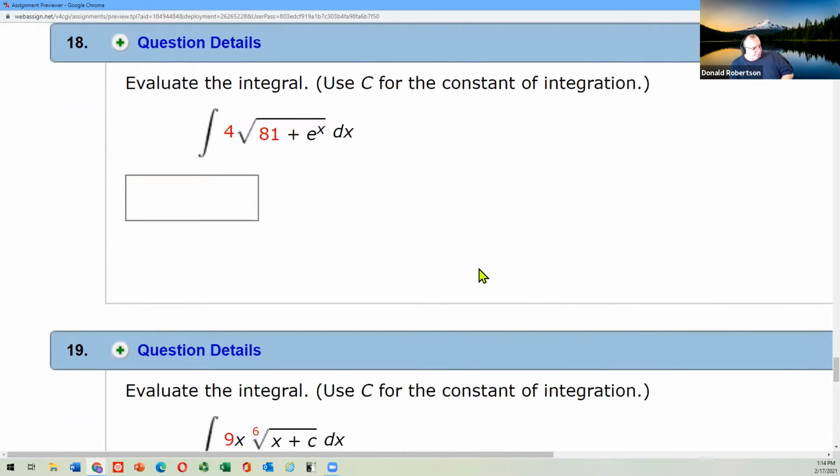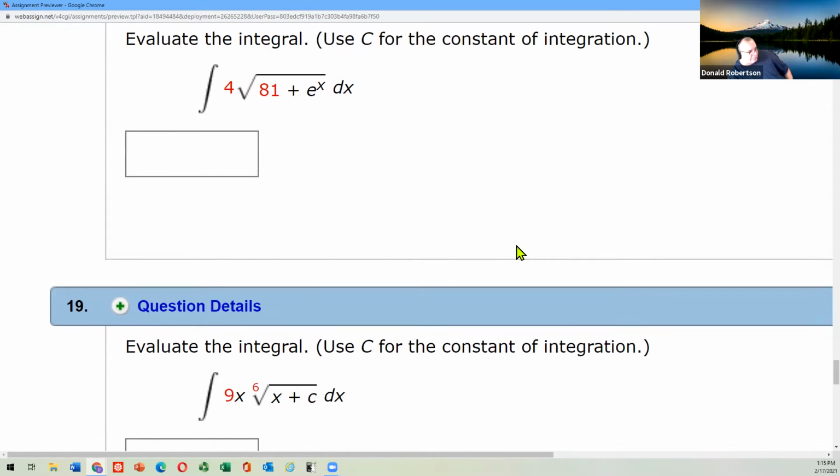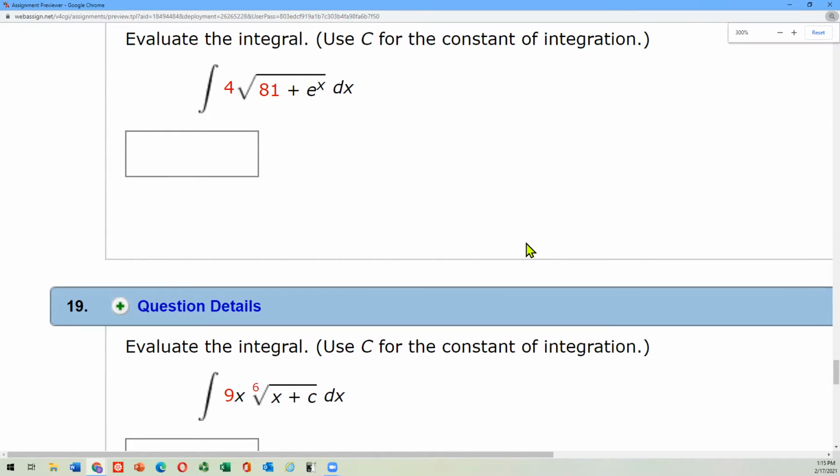18's a u sub. Who is it? 1 plus e to the x.